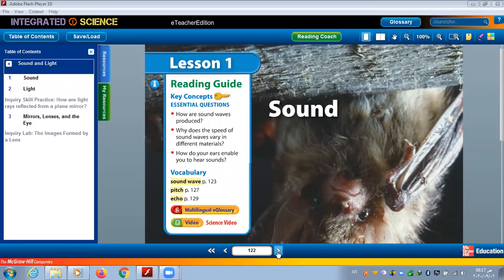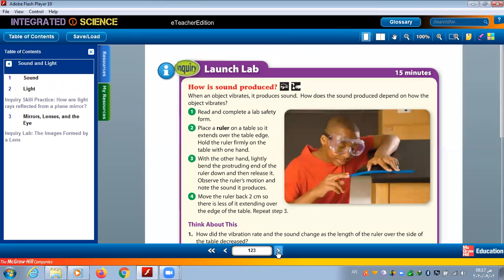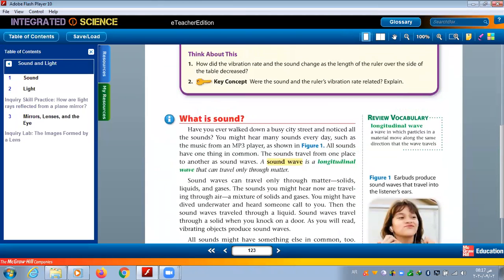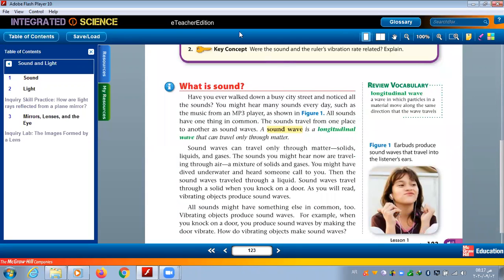Okay, so we'll move to many different terms about sound. First, what does a sound wave mean? Here you can find the definition of a sound wave.